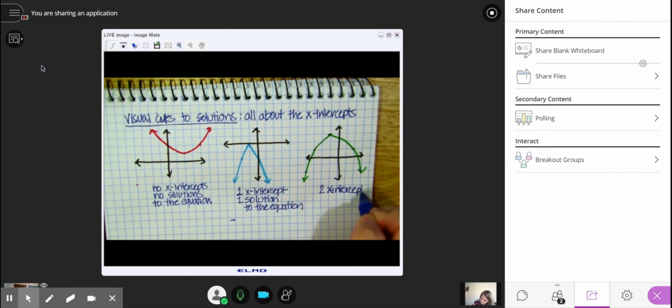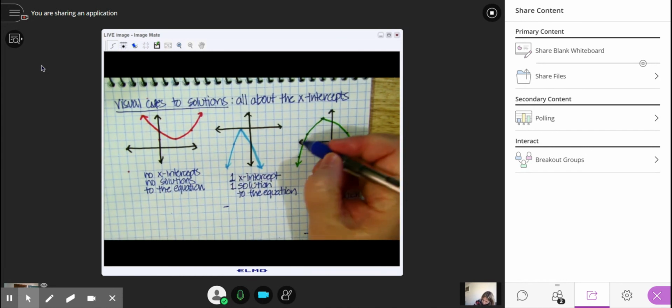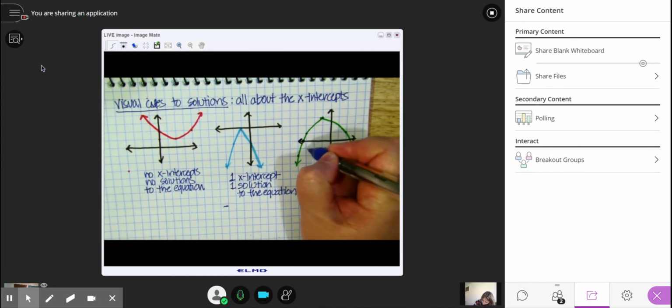And if there are two x-intercepts, then there are two solutions. Those x-intercepts indicate where the solution is.